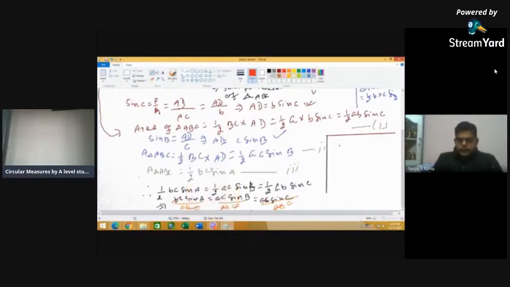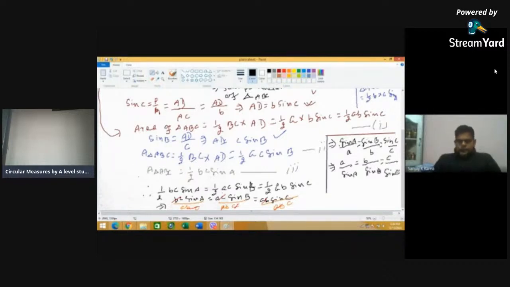Finally we are left with sine A by A equals sine B by B equals sine C by C. And if you reverse this ratio, we have A by sine A equals B by sine B equals C by sine C.